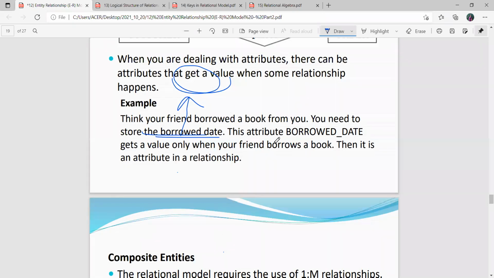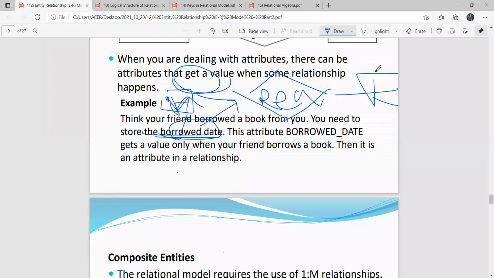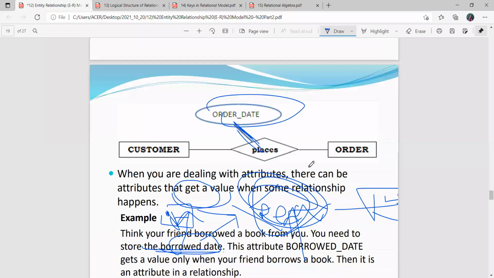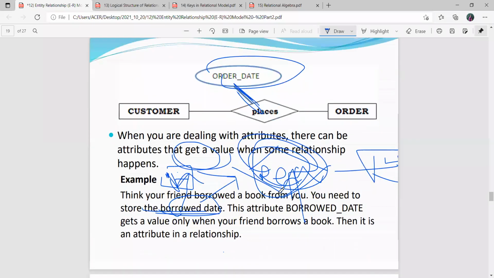So you can see this borrow date occurs when your friend, let's take the student, borrows a book from a library. So this one occurs when this relationship happened. So this borrowing date belongs to this relationship. Such kind of attributes are known as attributes in the relationship.